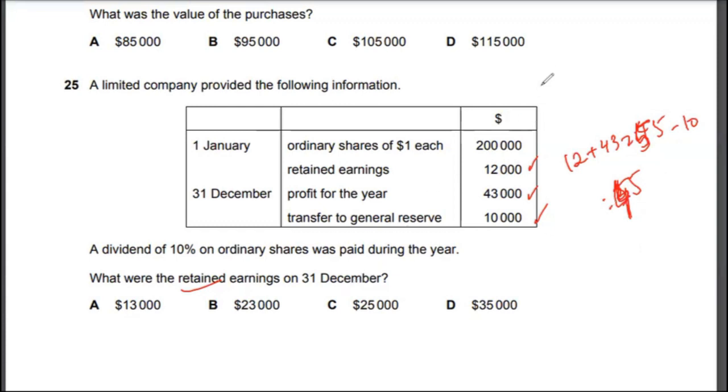And after that, there's a dividend, which is 10% of 200K, which will come to some number. Then 45 minus that X dollar will give you the retained earnings at the year end. And on the calculator, that comes to about 25,000. So the correct answer to multiple choice 25 is option C.